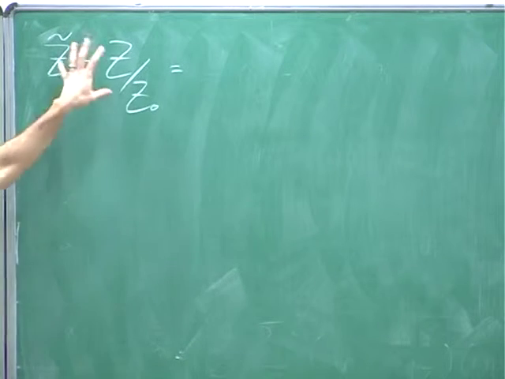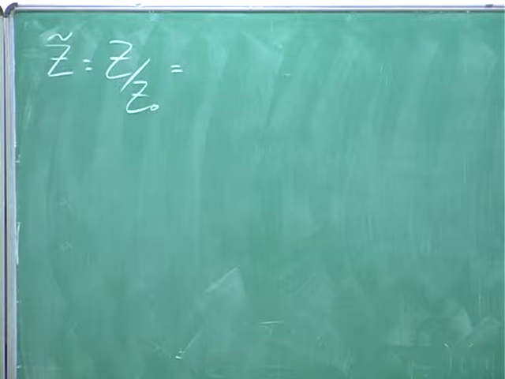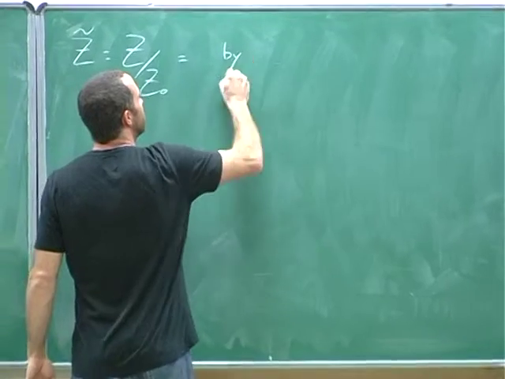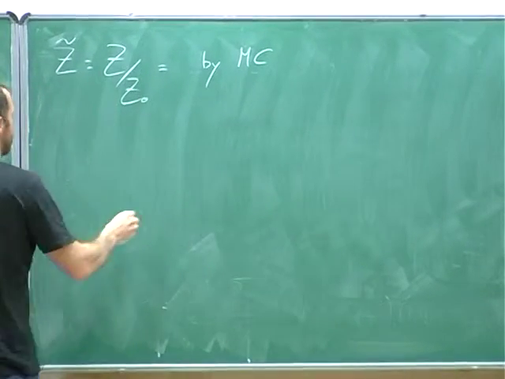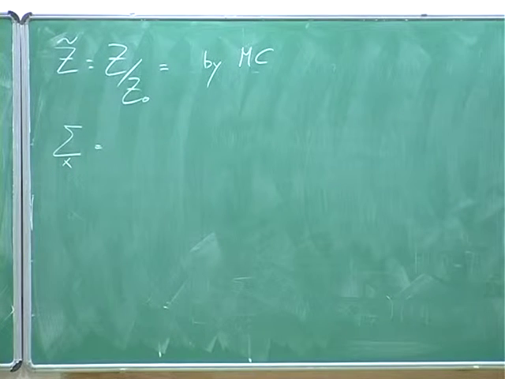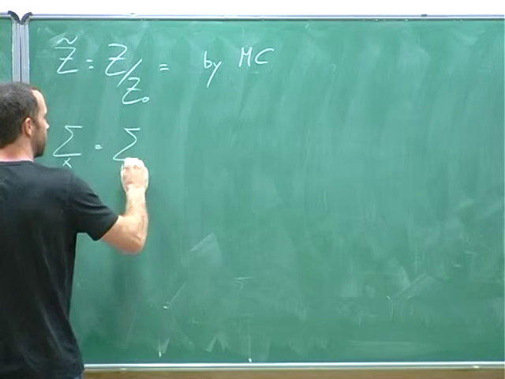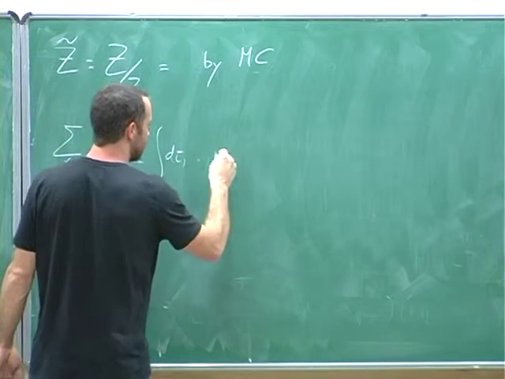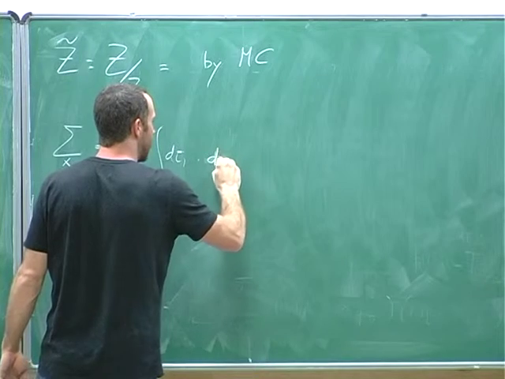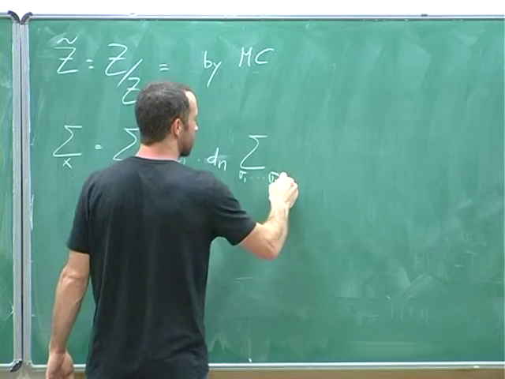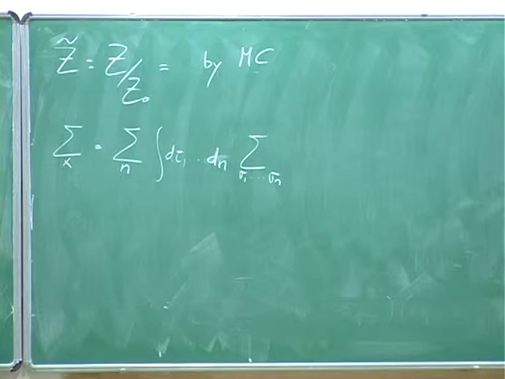I'll tell you in a second why I pick this as what I sample. But anyway, I'll compute this by Monte Carlo. So the sum over x that I've introduced in the Monte Carlo is now the sum of the perturbation order n, my n d tau integrals, and the sum over auxiliary spins, sigma_1 to sigma_n. These are all the sums I have to carry out by Monte Carlo.